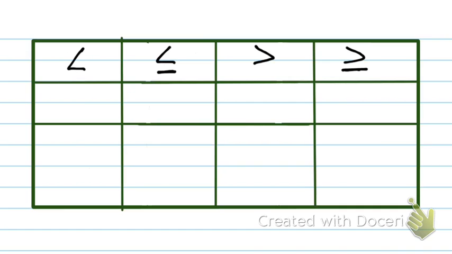Okay. So we're going to do a few examples on each one. When we look at a number line and we have this less than, remember that's the symbol for less than, we are going to graph it with an open circle, and everything to the left of it is going to be our answer.